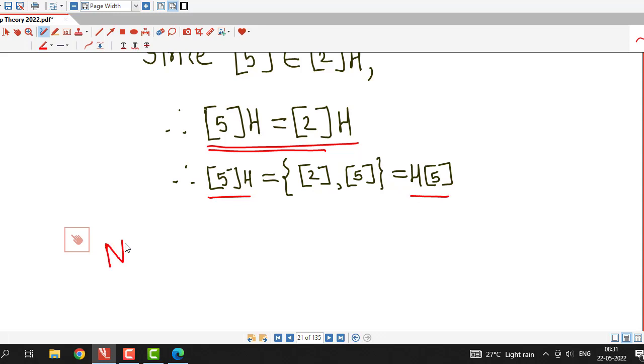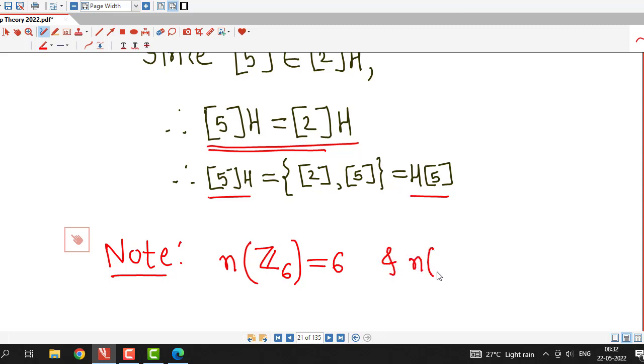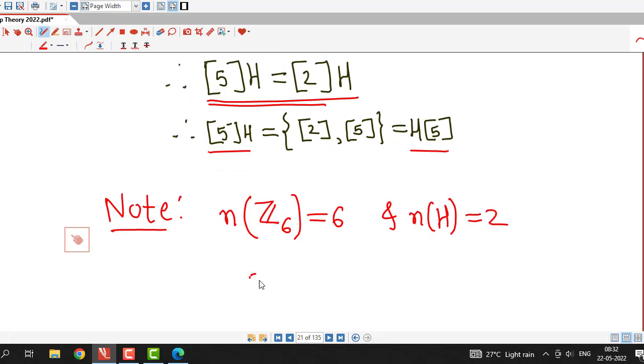Now one observation here is that the order of Z6, the number of elements in Z6, is 6, and the number of elements in the given subgroup is 2. We have 2 elements in the given subgroup, and we obtain 3 distinct left or right cosets.